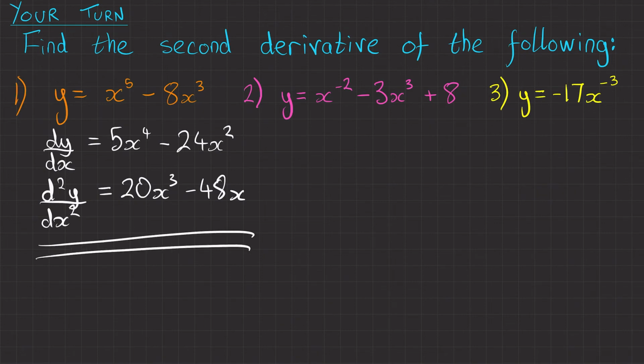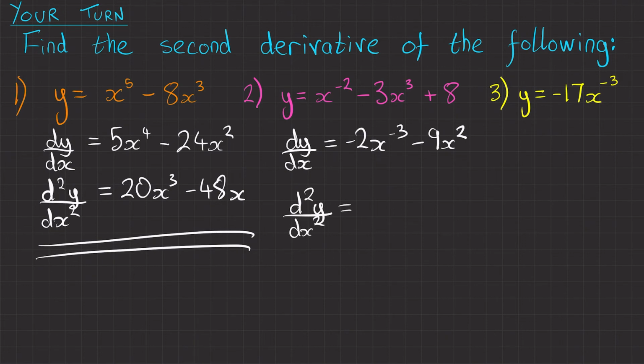The second question, dy over dx equals minus 2x to the minus 3 minus 9x squared, and the plus 8 has cancelled out. And the second derivative is d squared y over dx squared equals 6x to the minus 4 minus 18x.